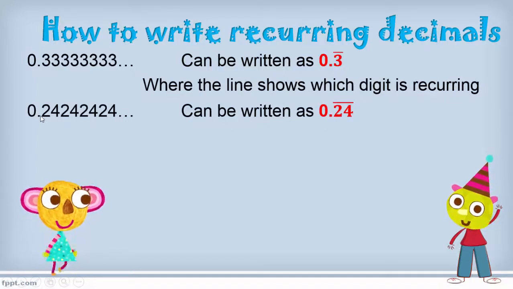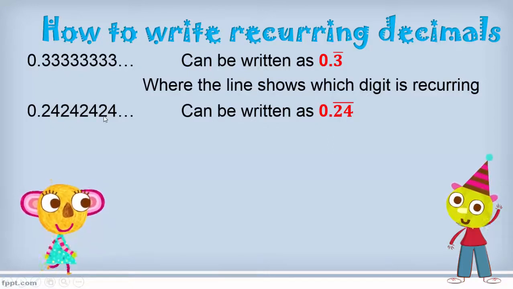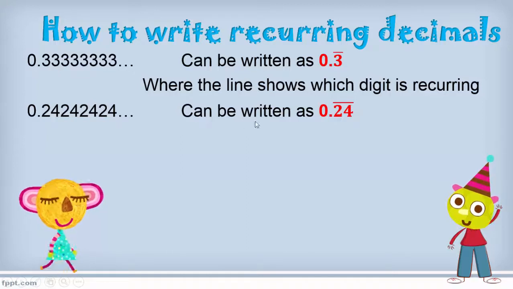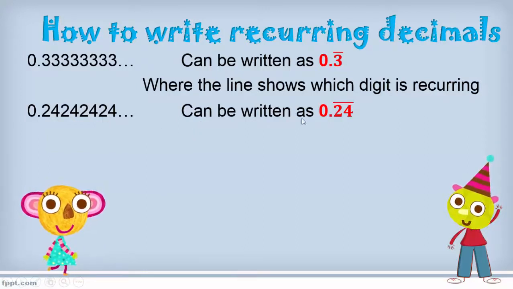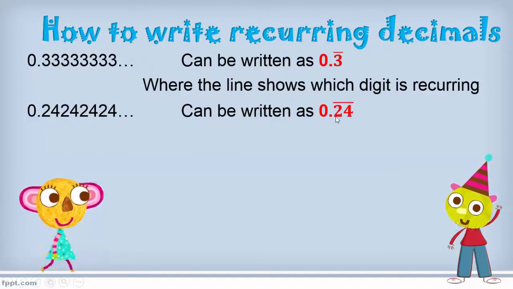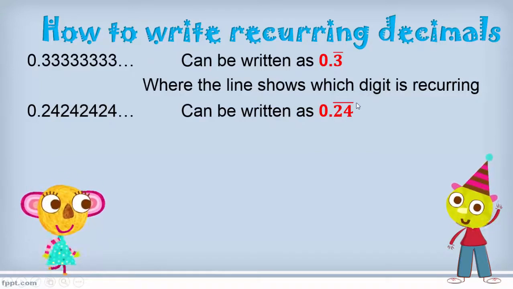Here we have 0.24, 0.24, 0.24, 0.24. And again, we use the line to show the part of the decimal that's repeating. In this case, it is 24. So we have 0.24 with a bar over the 24.